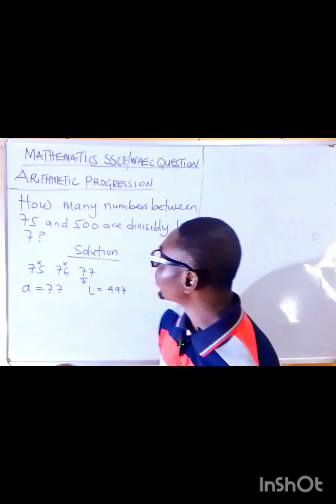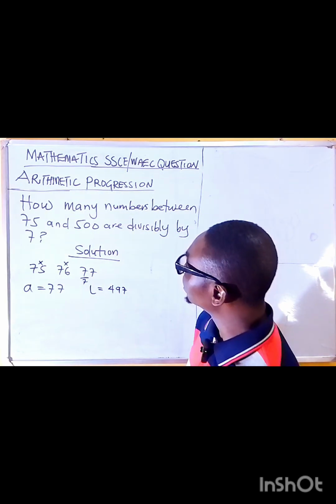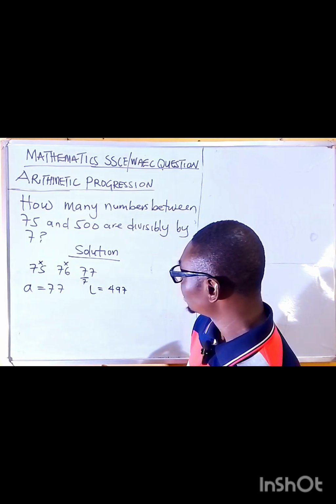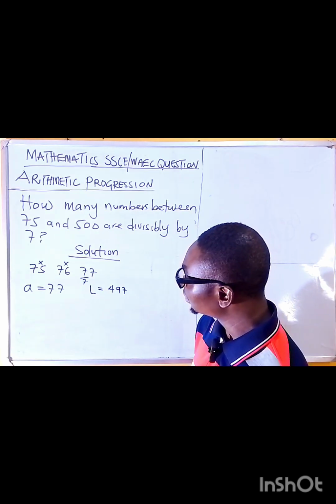So here we have to find the number of terms that are divisible by 7. So our a is equal to 77 and our last term is 497.